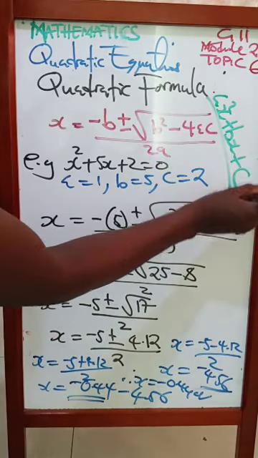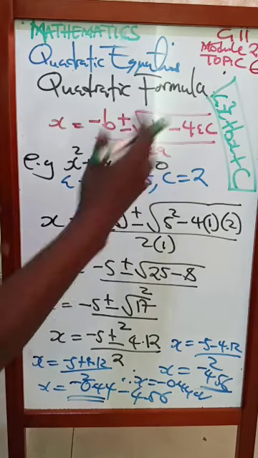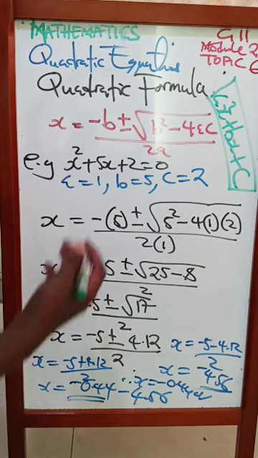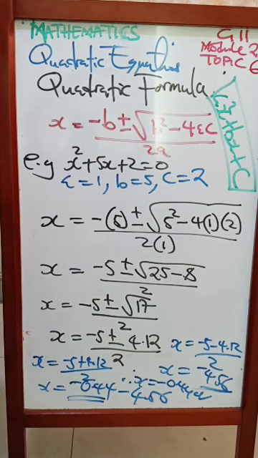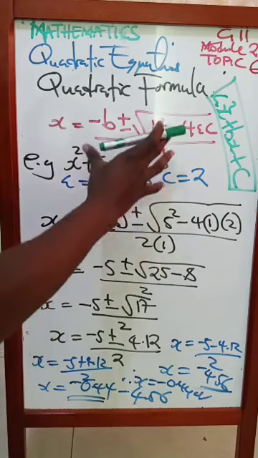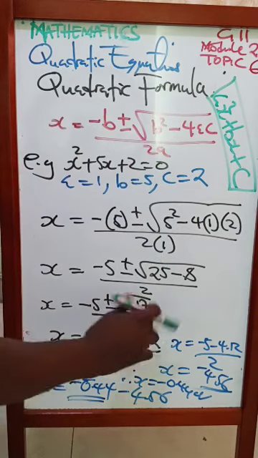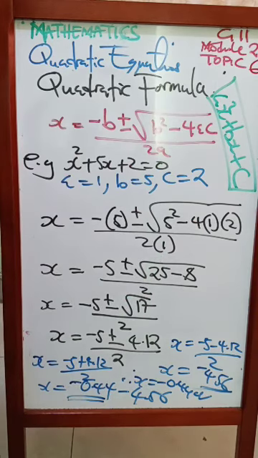Once you figure that out, you can check the value of a, the value of b, as well as the value of c. Then you can fix those values in the quadratic formula and compute. Once you do your computations, the two values of x are going to come out.